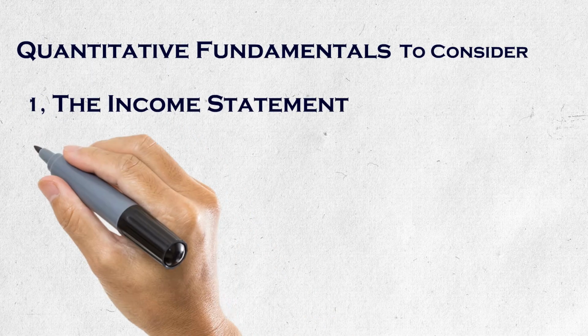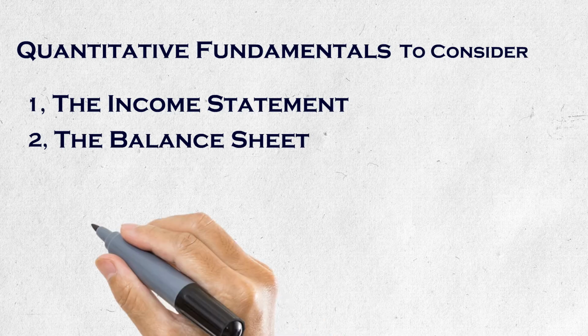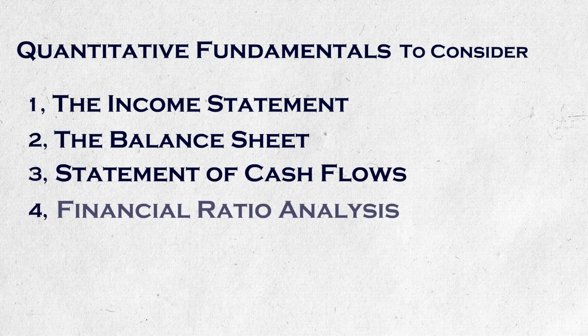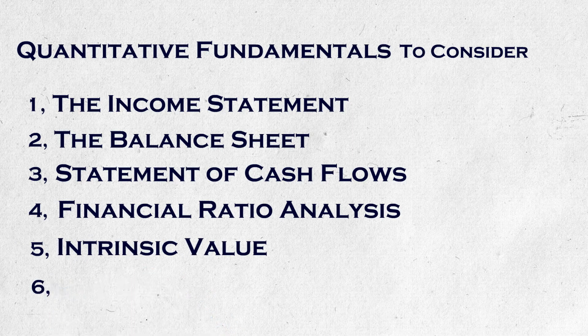The income statement. 2. The balance sheet. 3. Statement of cash flows. 4. Financial ratio analysis. I'm sure EPS or PE ratio has popped up in your mind right now. 5. Intrinsic value. 6. Valuation. Each and every topic will be explained video-wise in this playlist.